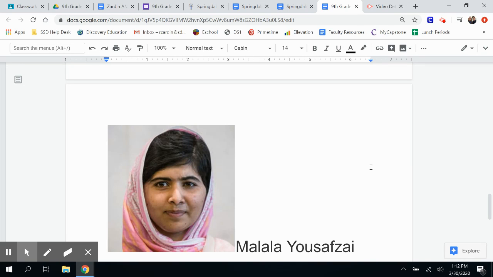And because of that crazy thought, the Taliban put her on the list to be assassinated. Malala was shot in the head on her school bus on her way home. She survives it, and now she's a huge women's rights advocate. So not only is she fighting for girls' rights in Pakistan, but all over the world. So she is a good modern day example of a woman fighting for gender equality. Just because some places seem more equal than others does not mean the world is an equal place.